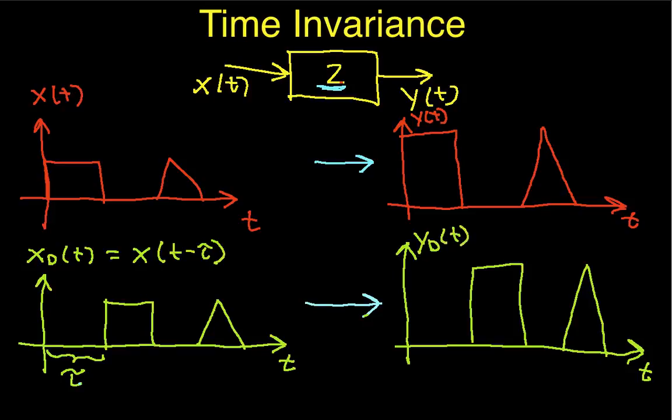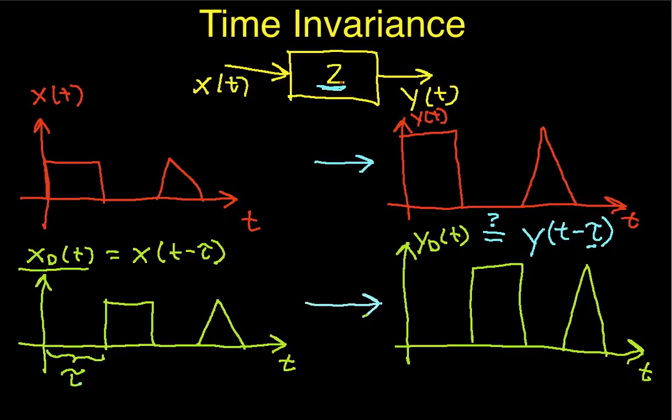This is the system response to this input x sub d. Okay, and so the question is, y sub d, we'll put this in a different color because this is the question we're asking, is y sub d, this response to the delayed input, the same as the response to a non-delayed input that's been delayed by a value of tau?